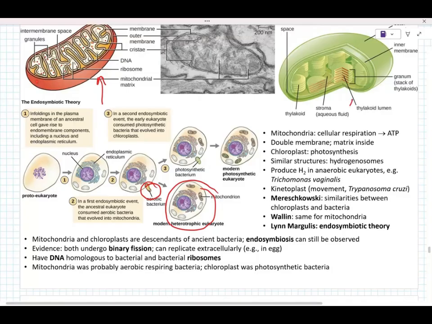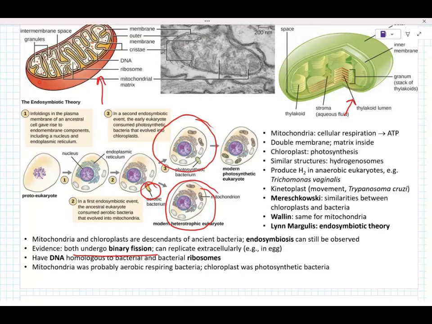The same story is true for chloroplasts. Those were photosynthetic bacteria billions of years ago that got accepted by that first generation of eukaryotes. Okay? Why do we think it was endosymbiosis? Both of them can undergo binary fission.